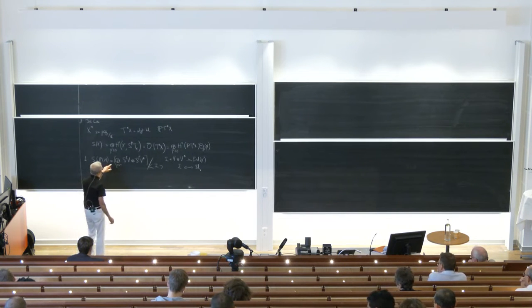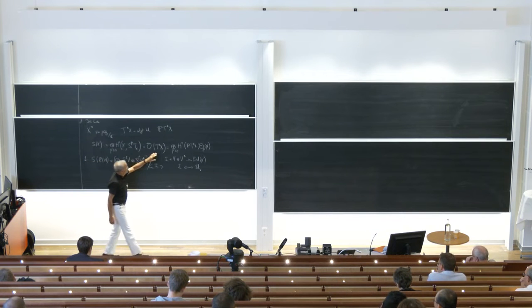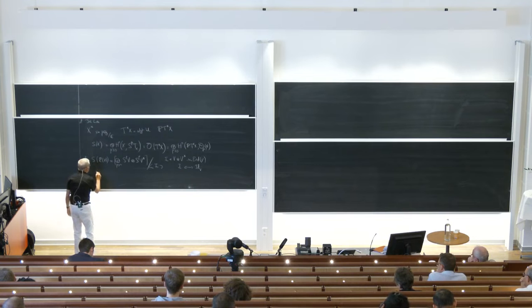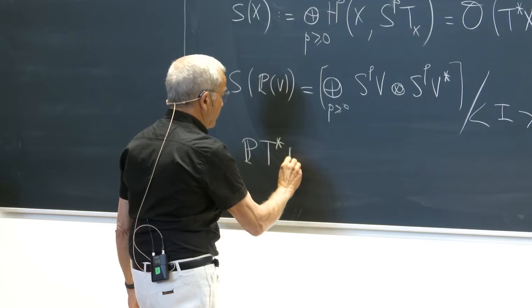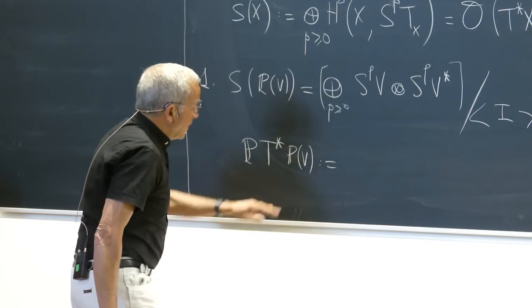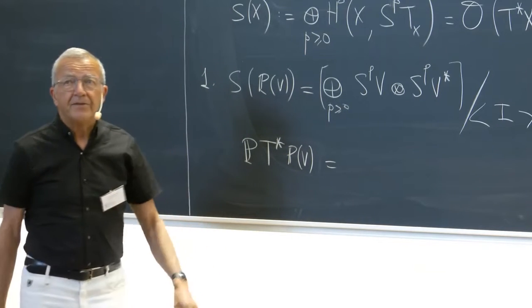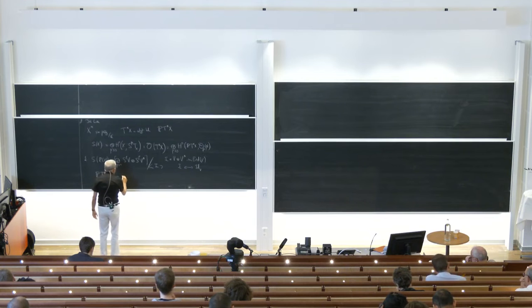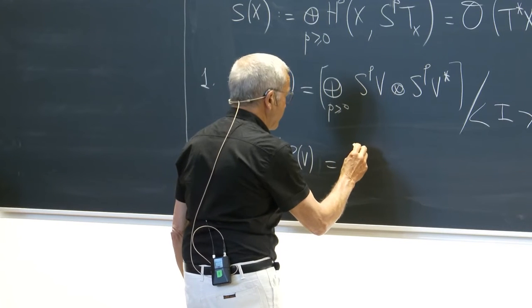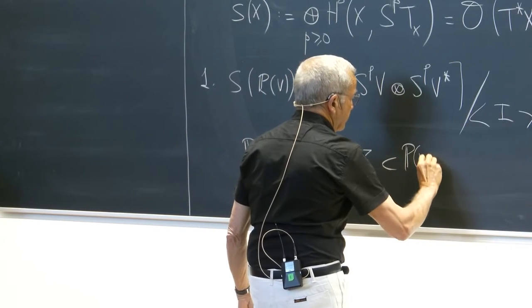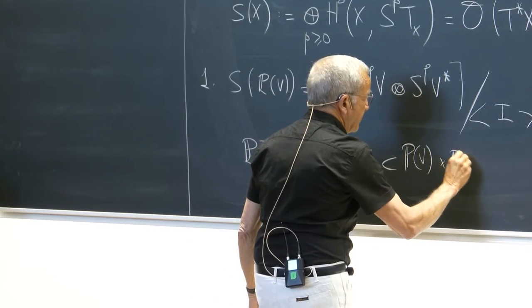And what is the reason? It is that this projective cotangent bundle here, P T star P of V, what is this? Well, this can be identified canonically to the incidence correspondence, maybe I will call it Z, in P of V times P of V star.